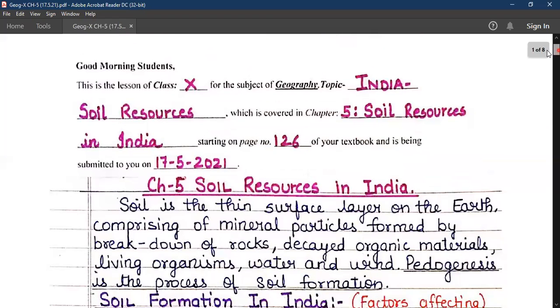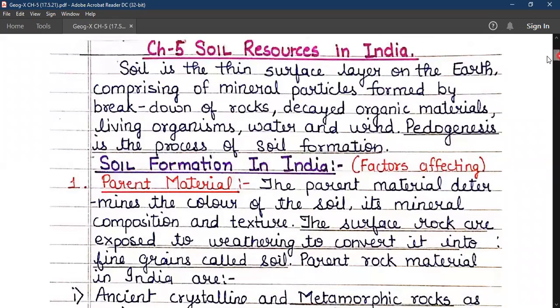So let us start with our topic and discuss the soil.